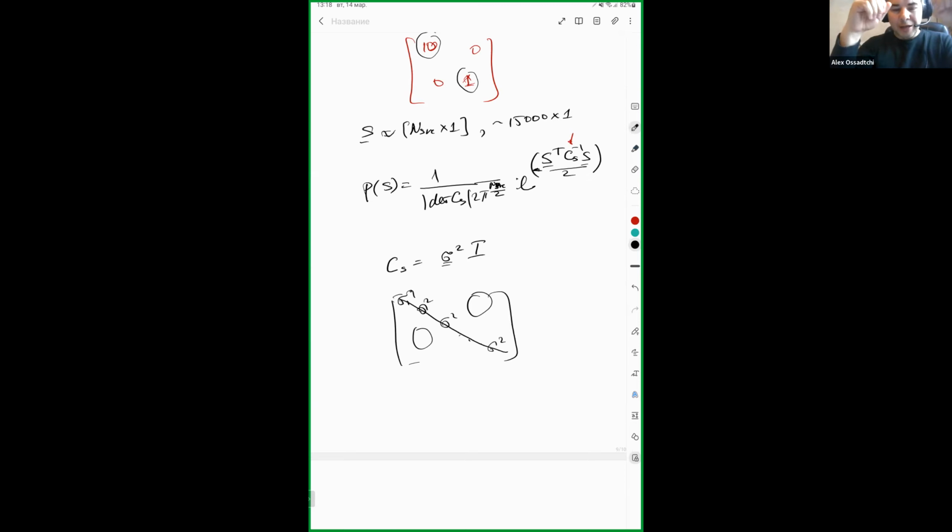Okay. In this case, in the MNE, you have a global solution, right? And in the global solution, it explicitly tends to activate superficial sources, because then the summation of S sub I squared will be small, right?